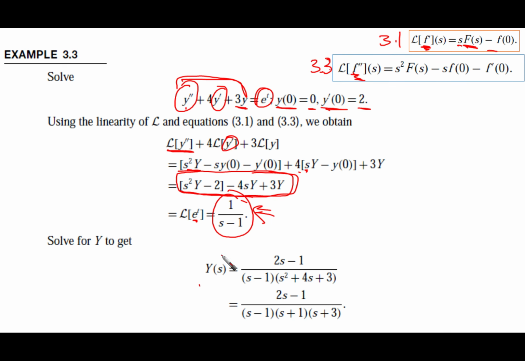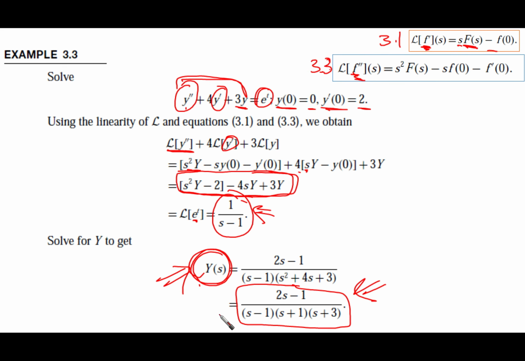Rearranging both, taking the Laplace transform as a common factor here and putting everything else on the right, after rearranging you are going to find this is the right-hand side and this is the left-hand side. So we now have the Laplace transform on the left-hand side clearly equal to an expression in s, which is our independent variable.